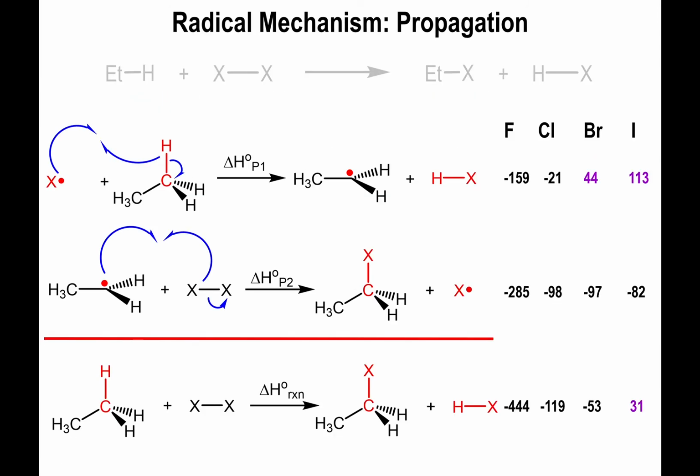Now, if you look at the propagation steps, what you find is that if you use a primary carbon, chlorine is now yielding an exothermic process in the first step. So now fluorine and chlorine are definitely good to go with a primary carbon C-H bond.